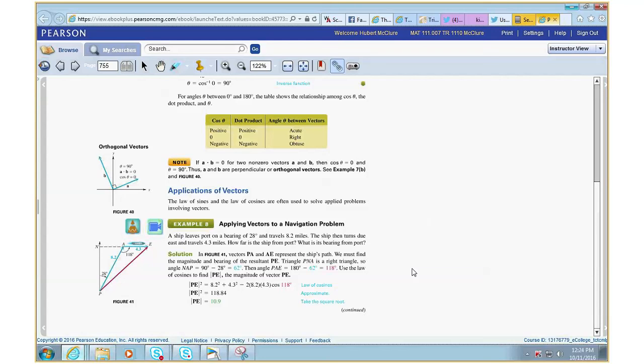Because you got two sides and an angle, do you not? Pull up your law of cosines.